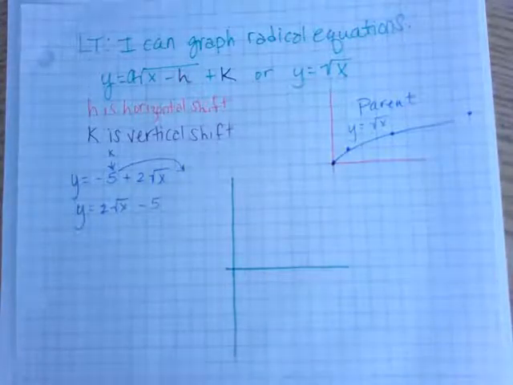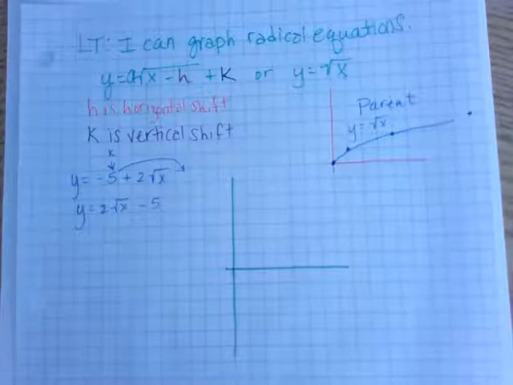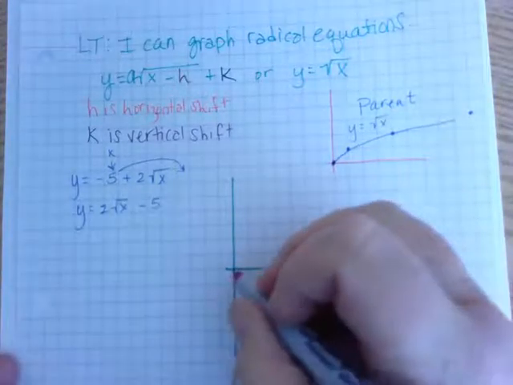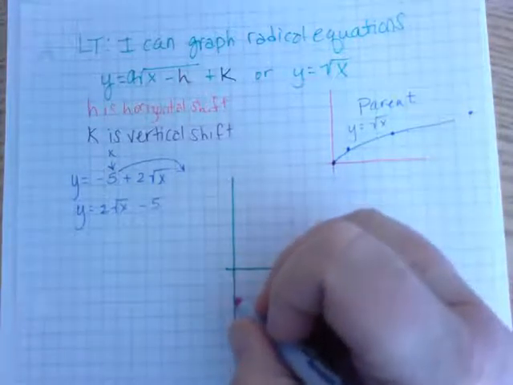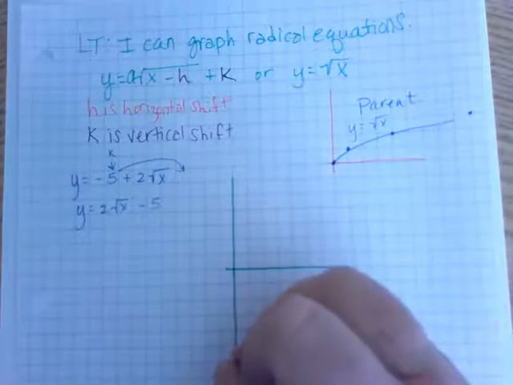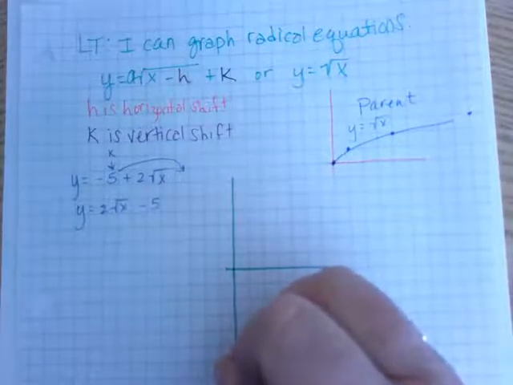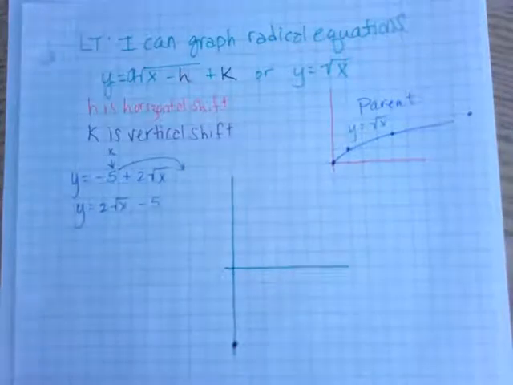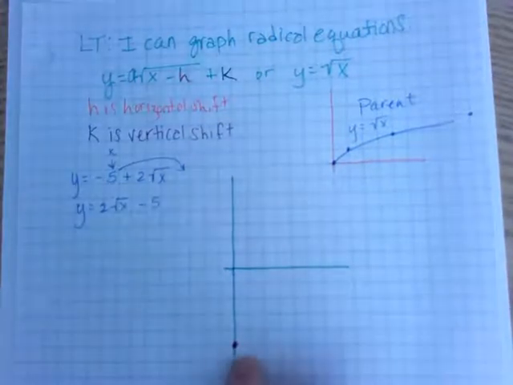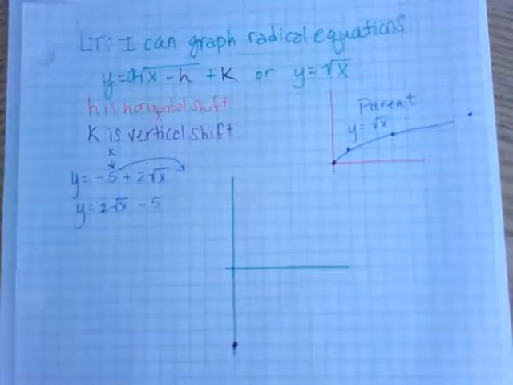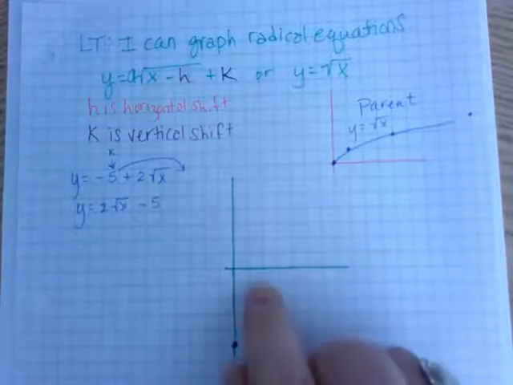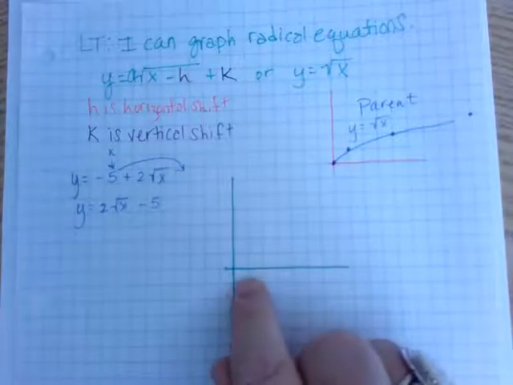So from 0, 0, my first point goes down 5, and that's my starting point. So I'm at 0, 0, 1, 2, 3, 4, 5 down, and my start now is here. My starting point.